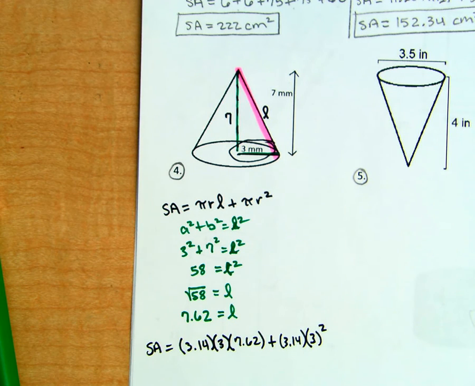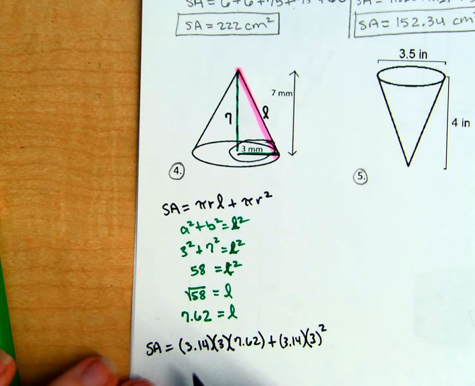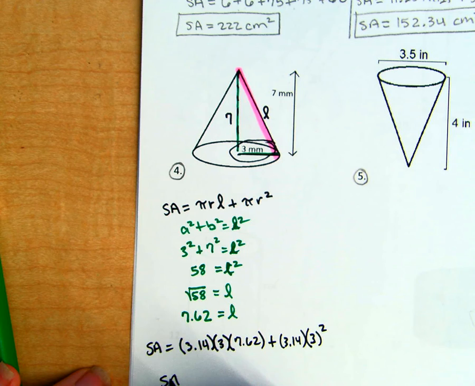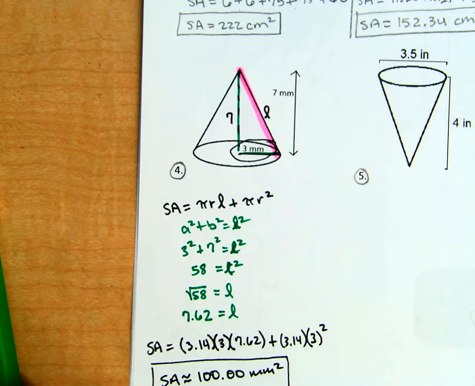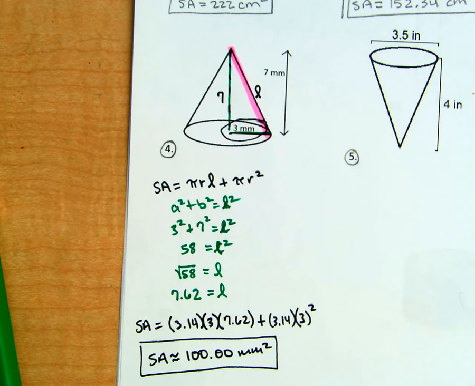And I'm going to type it all in the calculator, all in one go. And I'm going to get that the surface area is approximately 100. And I'm just going to always go to hundredths here. So that means my surface area is approximately 100.00 square millimeters. Remember, surface area is always square units.